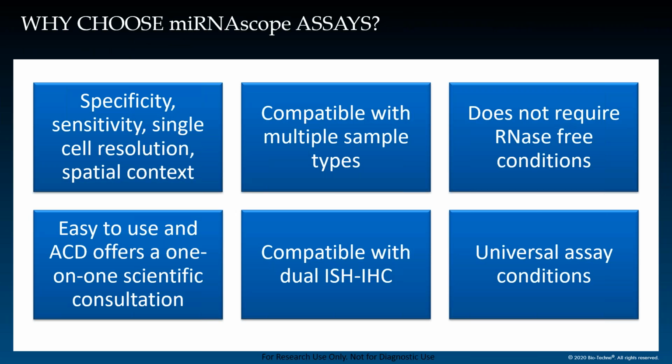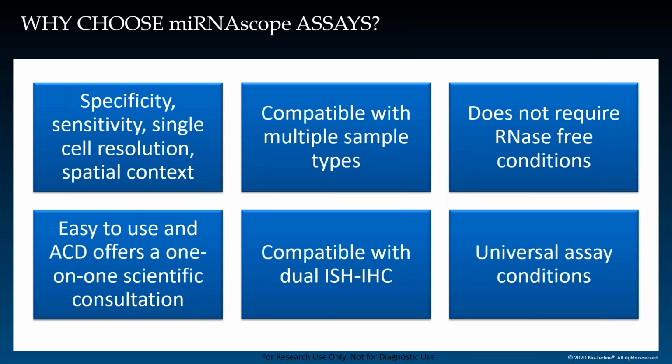So why choose ACD's miRNAscope assays? The miRNAscope assay offers many benefits for your research. First of all, the assay enables highly specific and sensitive detection of your small RNA targets at single-cell resolution, while preserving spatial and morphological context.